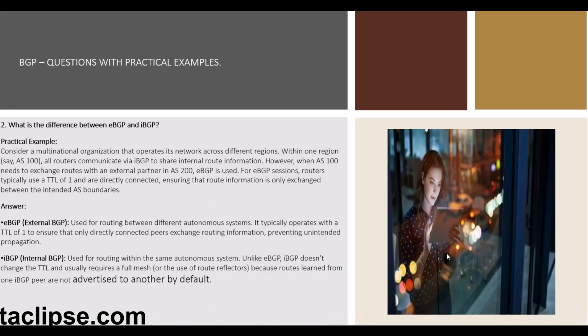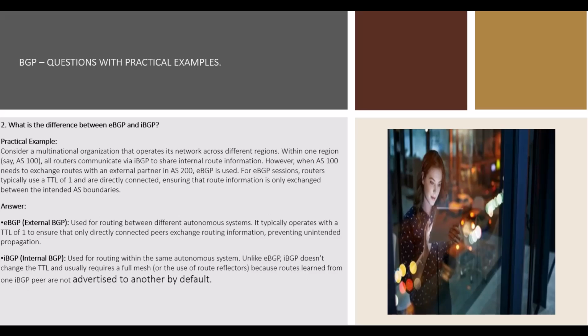Now the next question is, what's the difference between eBGP and iBGP? So the practical example of this is, consider a multinational organization that operates its networks via different regions. Within one region, Autonomous System 100 is used. All routers communicate via iBGP to share internal route information.